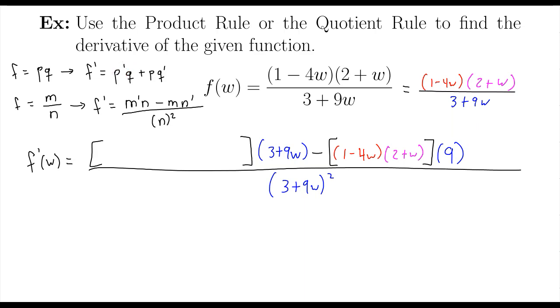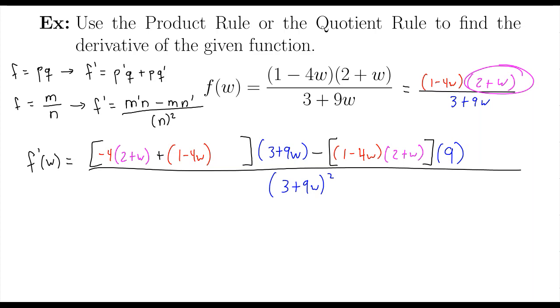The first is 1 minus 4w, so the derivative of the first is going to be negative 4, times the second one, which is 2 plus w, plus the first one, 1 minus 4w, times the derivative of the second one.